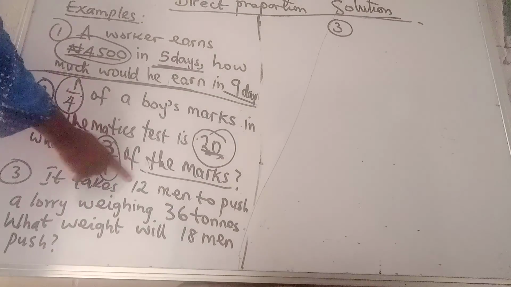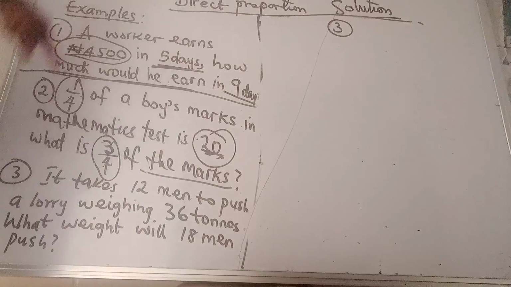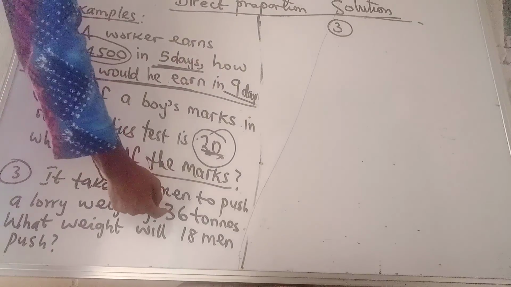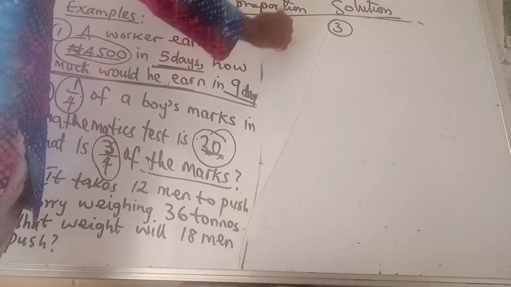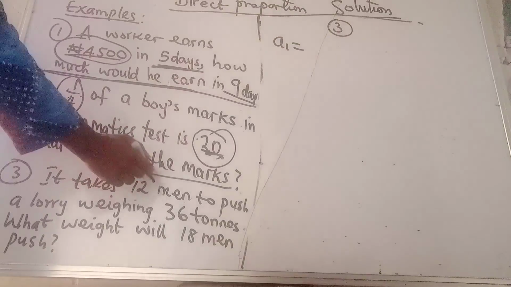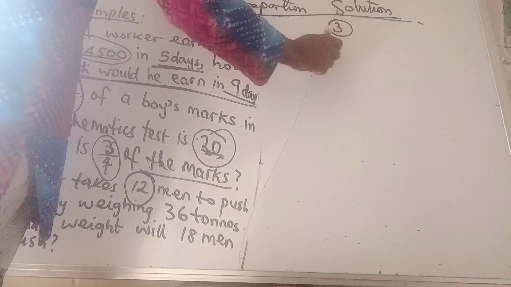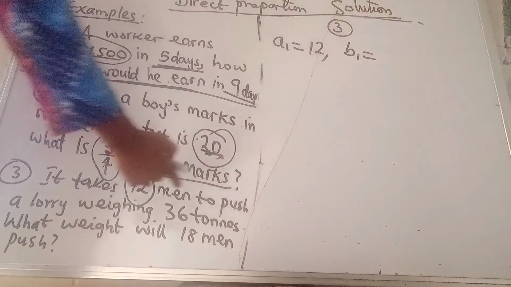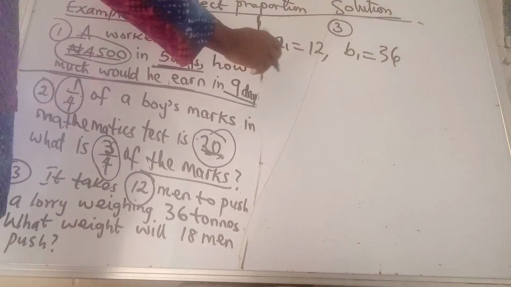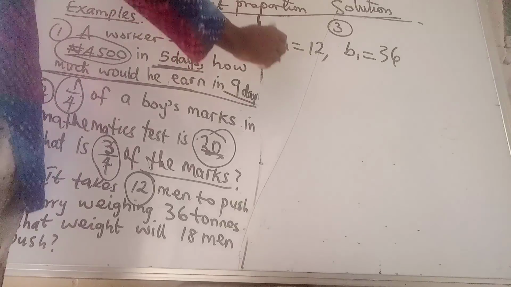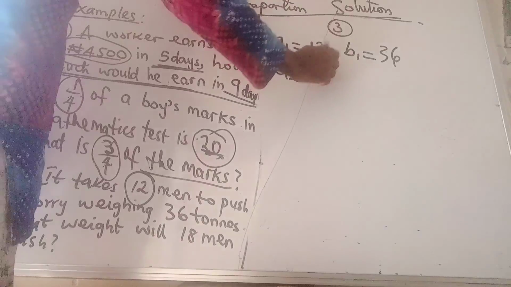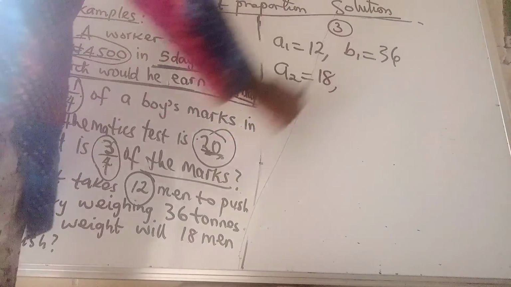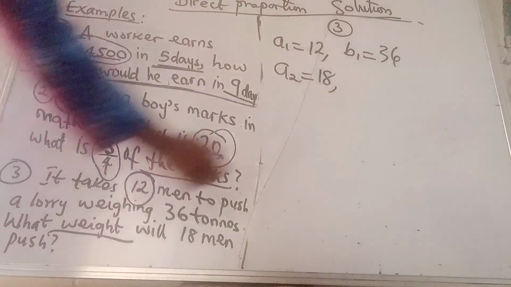And that means increase in the number of men must also mean increase in the weight. That is direct. So my A1, let it be 12. Definitely B1 will be the weight, which is 36 tons. Now, A2 will be 18, because that's the second number of men given. While B2 is the weight we are looking for.